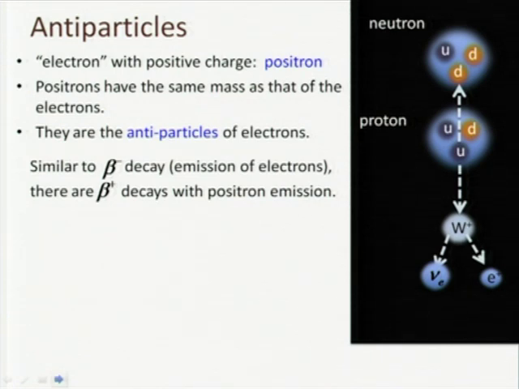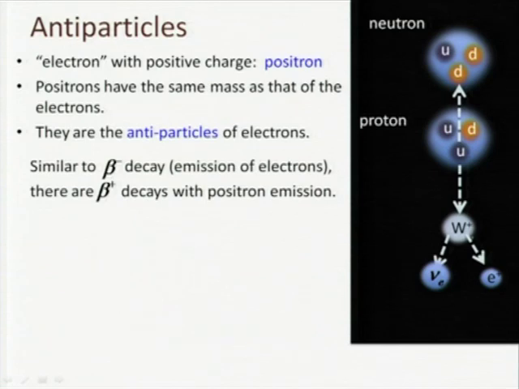Proton has positive charge 1 unit initially, and neutron is neutral, W plus has 1 unit of positive charge. So, that is conserved. Or if you look at the quark level, a u quark from a proton is converted into a d quark. So, initially you have 2 u quarks and 1 d quark, and finally, you have 1 u quark and 2 d quarks.